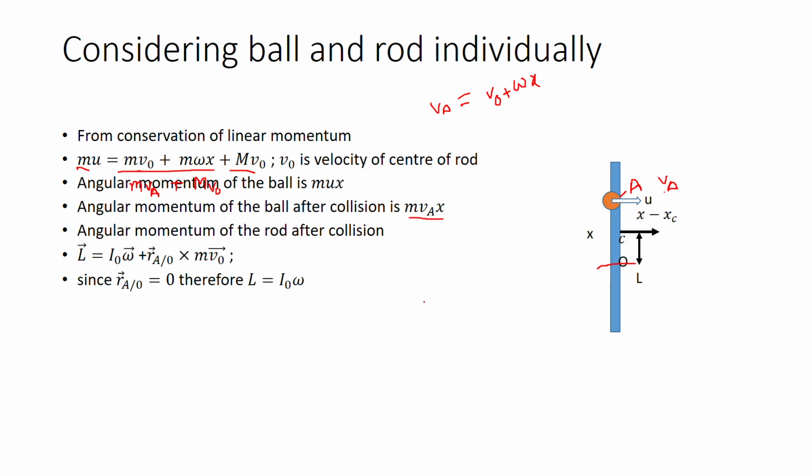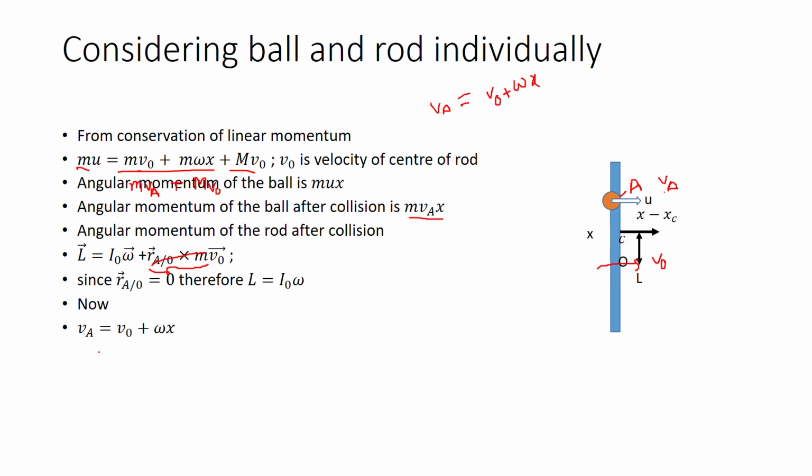Now since we are taking this point and we are taking angular momentum, and the rod is having a velocity v naught at its center of mass, so RA naught will be 0. Position vector of this point O with respect to itself is 0. So this term will be 0. In fact, I am cancelling it out. So we will simply have the angular momentum as I naught into omega.